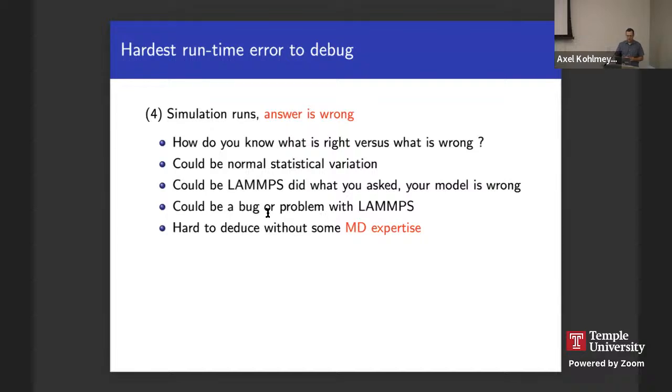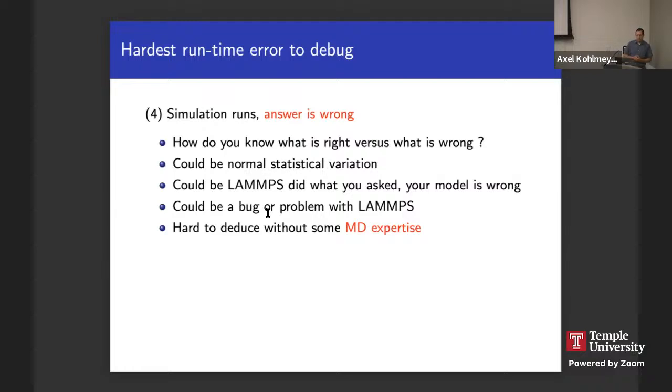And if the answer is wrong, but the simulation runs and everything looks fine, that's the hardest to debug. First of all, how do you know if it's right or wrong? Maybe it's just normal statistical variation. LAMMPS could be doing what you asked, but your model is wrong. It could be a bug or a problem with LAMMPS. That's not super common, but not impossible either.